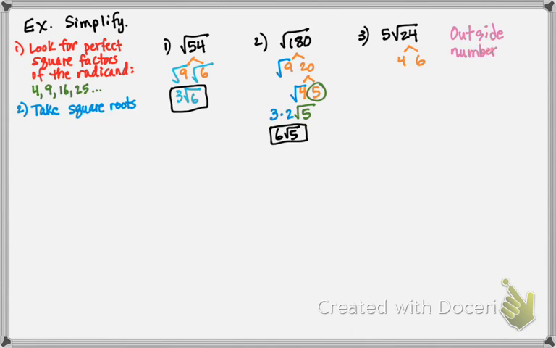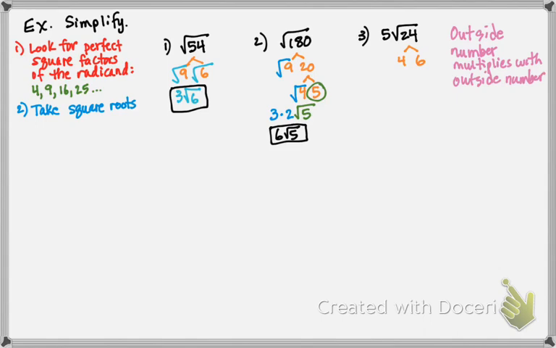Outside can multiply with outside, inside can multiply with inside. So that's kind of how it breaks down.